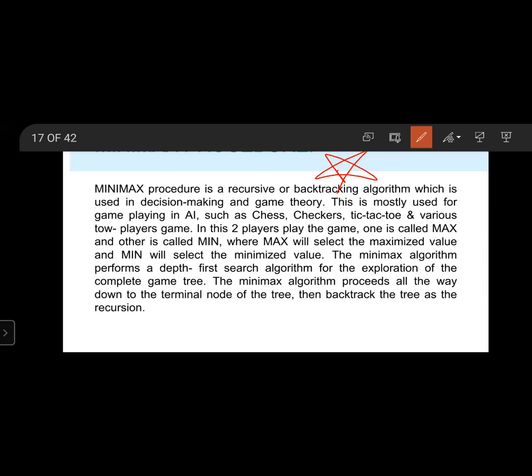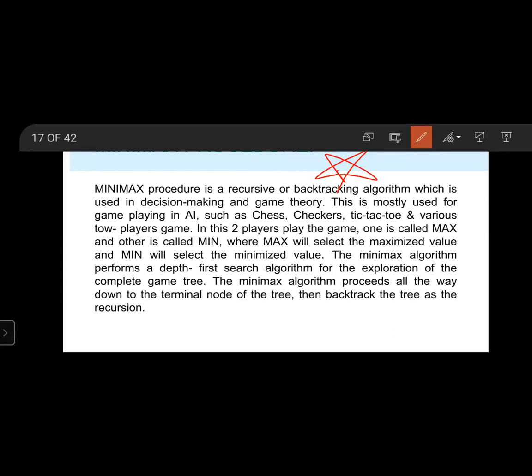It is mostly used for game playing in artificial intelligence, such as chess, checkers, tic-tac-toe, and various two-player games.